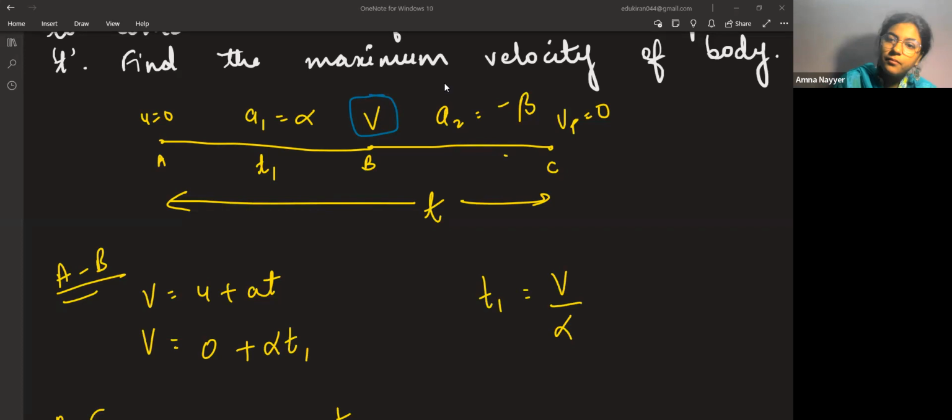What is the initial velocity in B to C? What you can notice in this figure is mentioned in front of you. V, capital V. Because this was the final velocity for the A to B segment. But when we are considering the B to C segment, the initial velocity is actually this. This is the starting velocity, no?